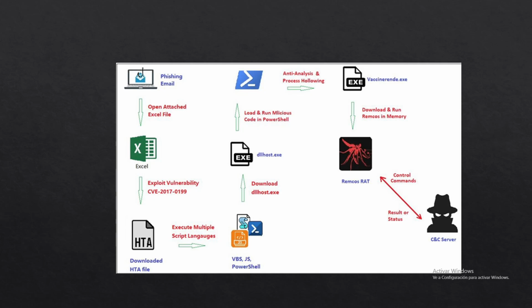So in other words, the malware now runs in memory, so it's harder to detect for antiviruses, because the way antiviruses work is when the malware is downloaded, usually the antiviruses work. But in this case, since it's in memory, it's harder for the antiviruses to work.